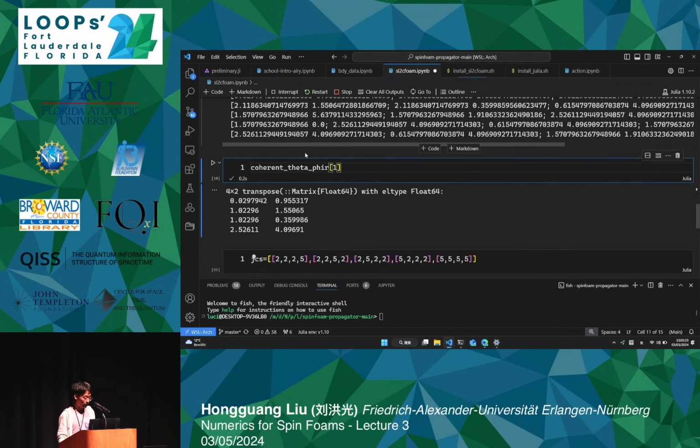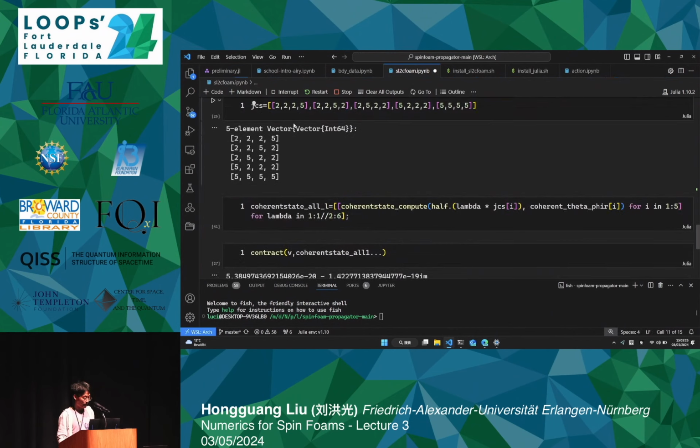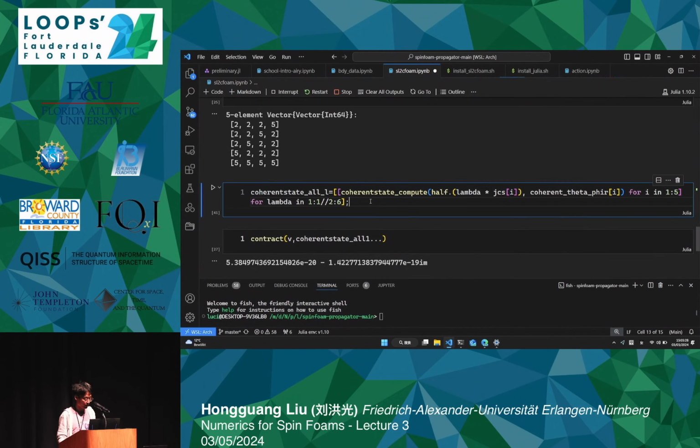After you give this, you can just make a contraction. First of all, you need to calculate the expansion of the coherent state on the internal states. This function does the trick. It's called coherent state compute. You write out, let's delete the lambda, because I don't need lambda anymore.